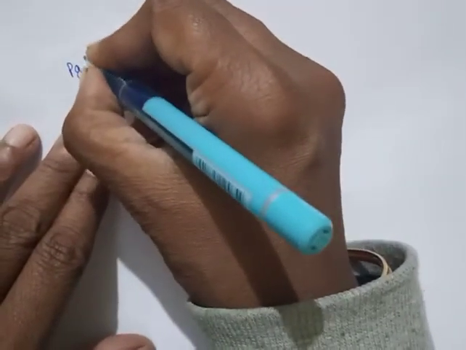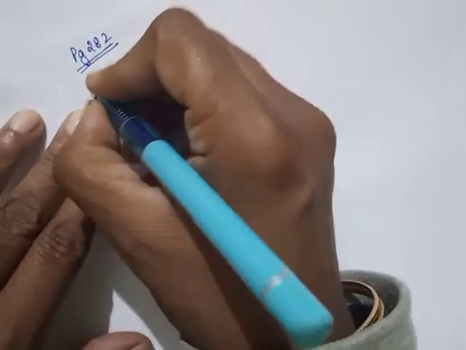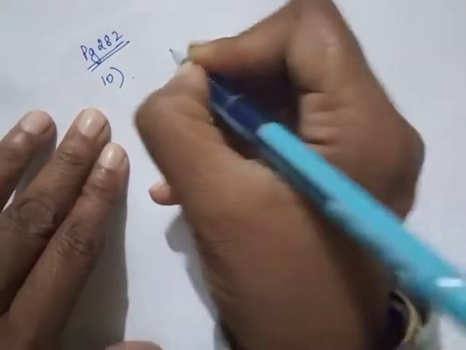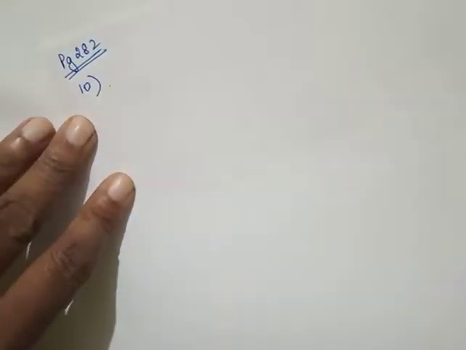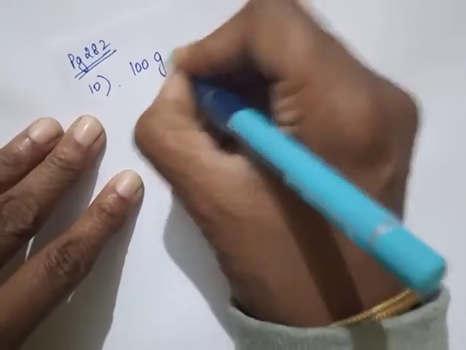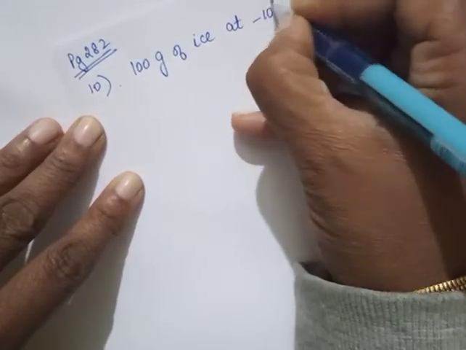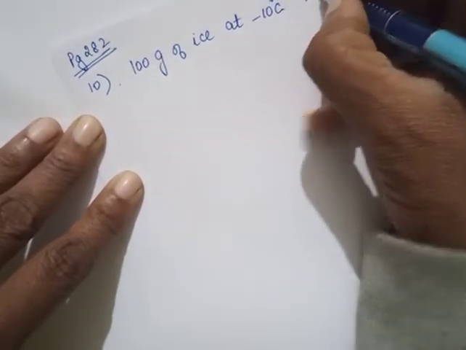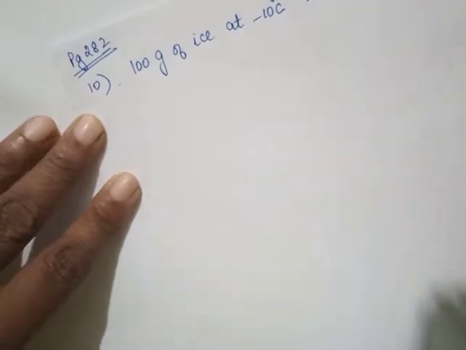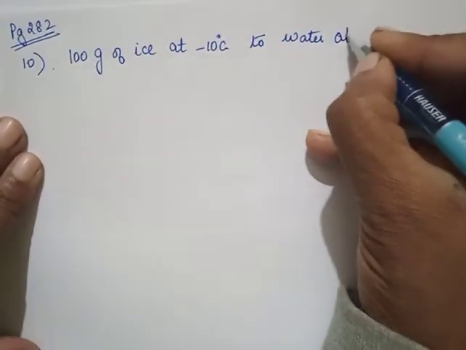So page 282, numerical number 10. Calculate the amount of heat energy required to convert 100 gram of ice at minus 10 degrees Celsius to water at 100 degree Celsius.